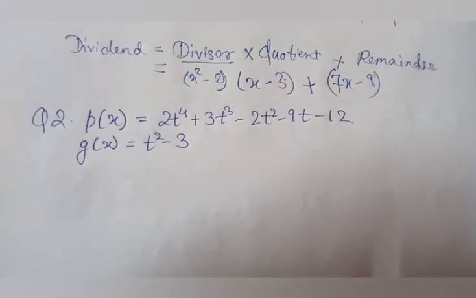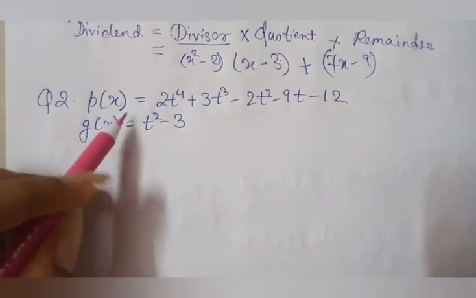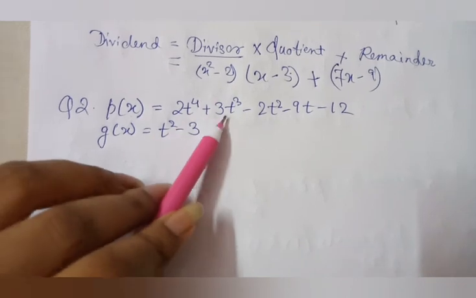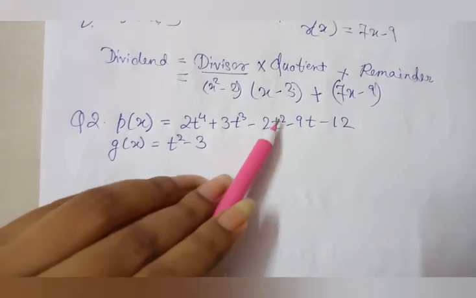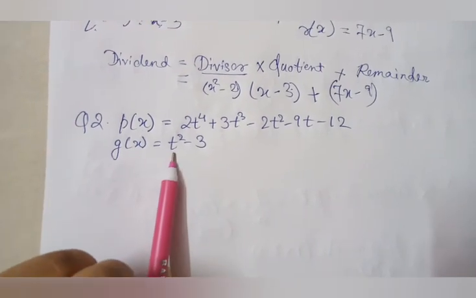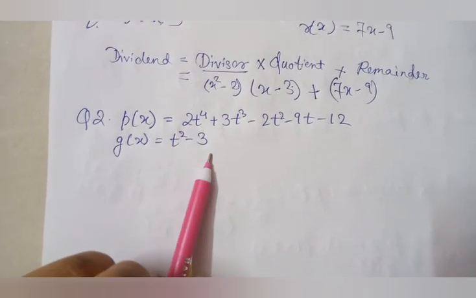So let's start. We'll name the second polynomial px, and it is 2t raised to 4 plus 3t cube minus 2t square minus 9t minus 12, and the first polynomial gx is t square minus 3.